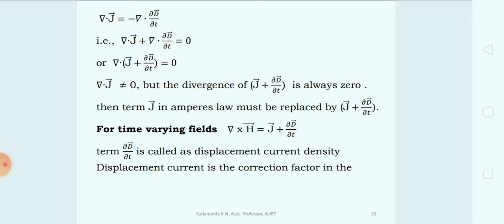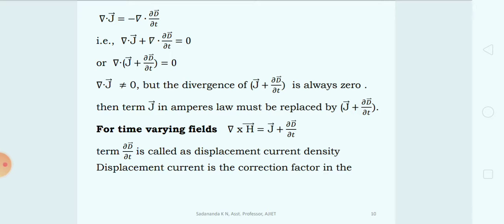In this expression, the divergence of vector J alone is not equal to 0, but divergence of J plus dou by dou t of vector D is equal to 0, which means the term J in Ampere's law must be replaced by J plus dou by dou t of vector D. The term dou by dou t of vector D is known as the displacement current density.